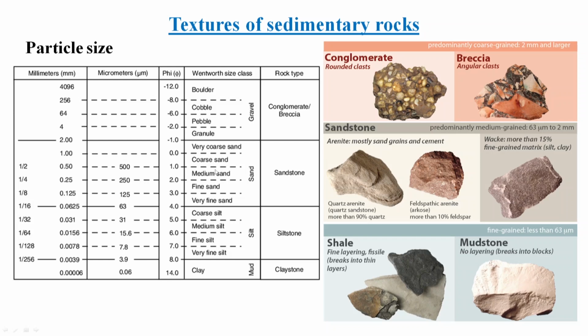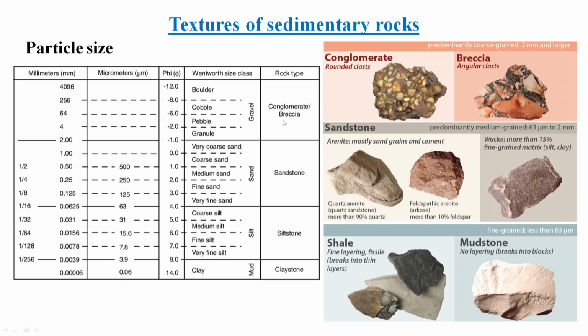Like for example, this is again the standard, that is 1, which separates your very coarse sand from the coarse sand, and as you go beyond it, as the size of the particle is much less than 1 millimeter, it grades into sand, to silt, finally into mud.